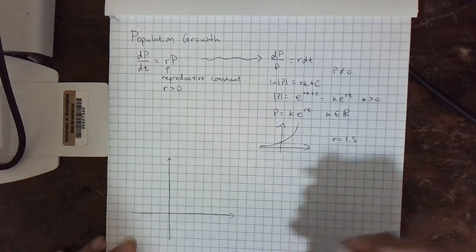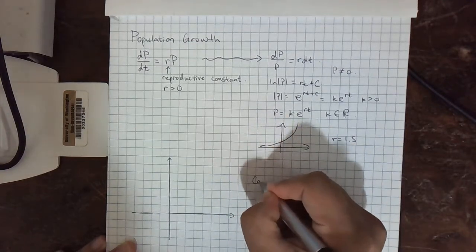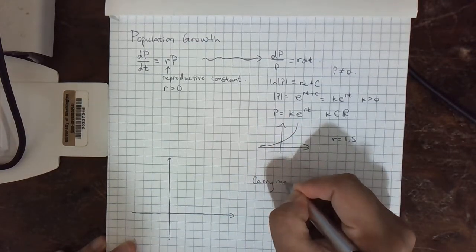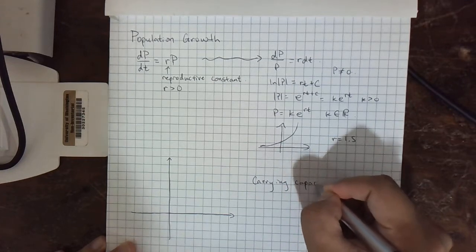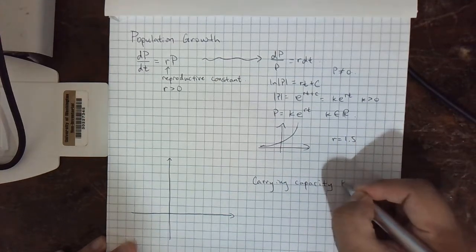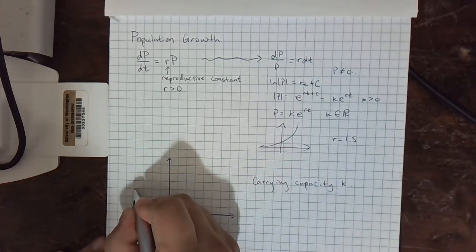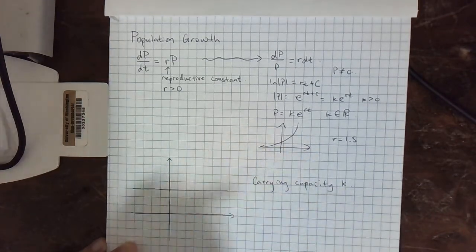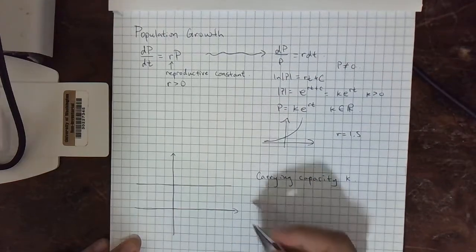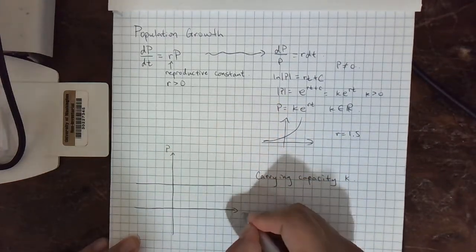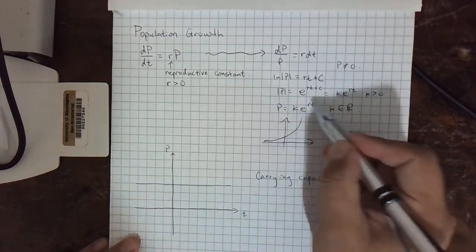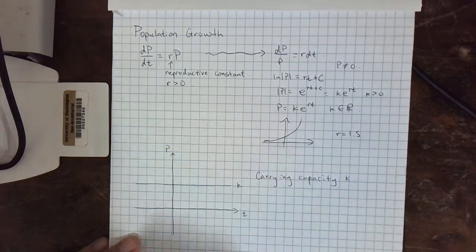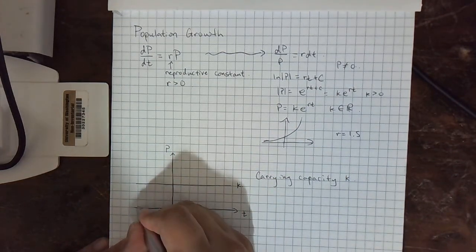So what we actually get is a carrying capacity, and that depends on the environment. So if you live in a country that's overpopulated, people tend to have fewer children, whether by law or just by some sort of biological thing. So here's p and t. Instead of this exponential growth, we're going to stop at this carrying capacity K. We know that the environment cannot sustain this.